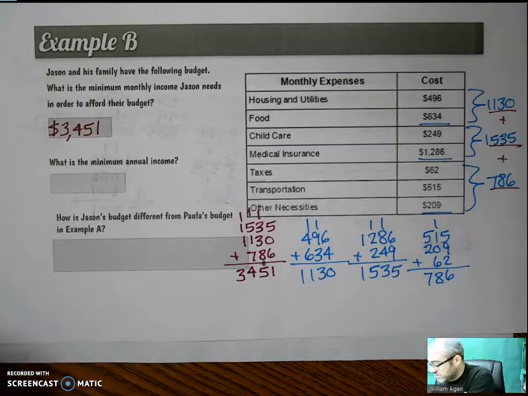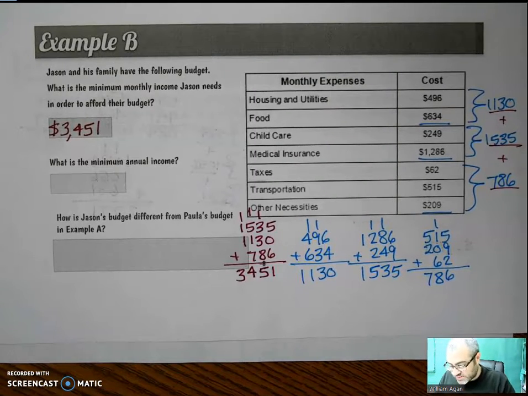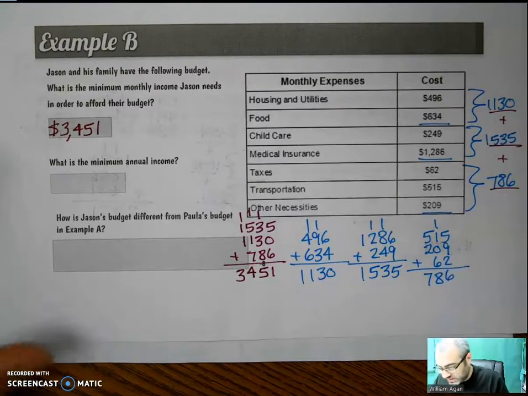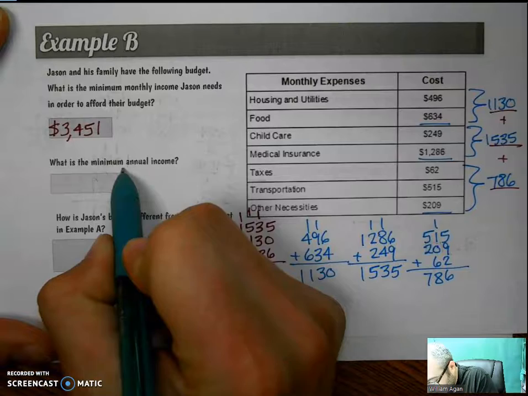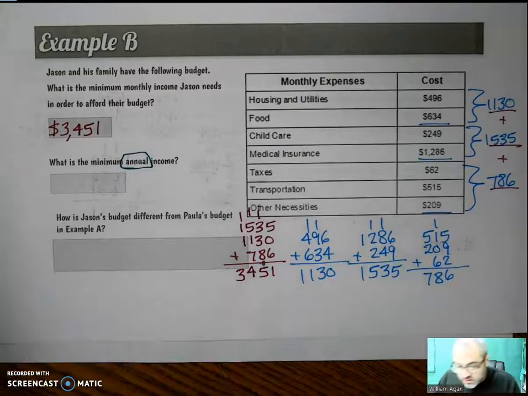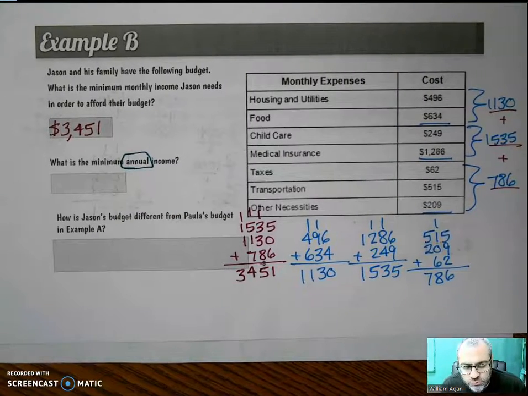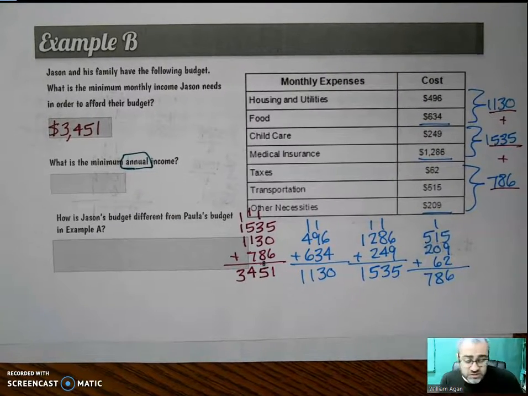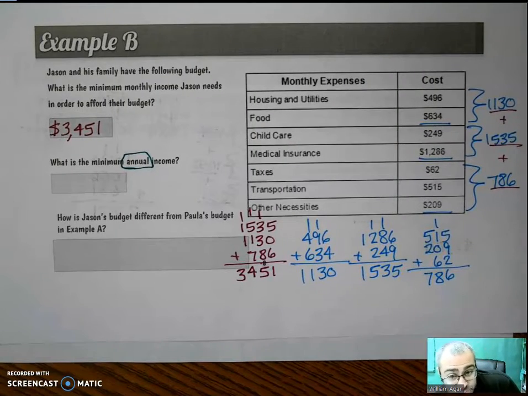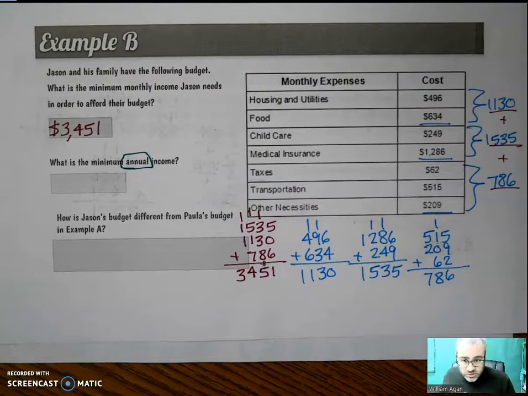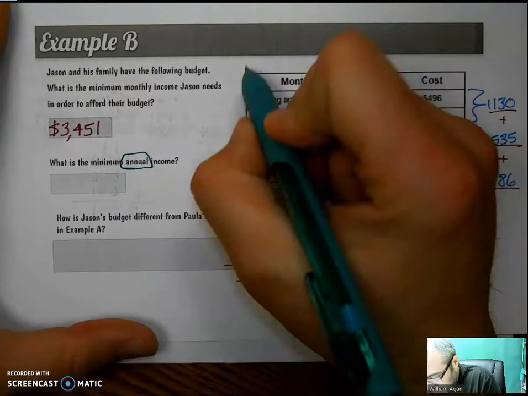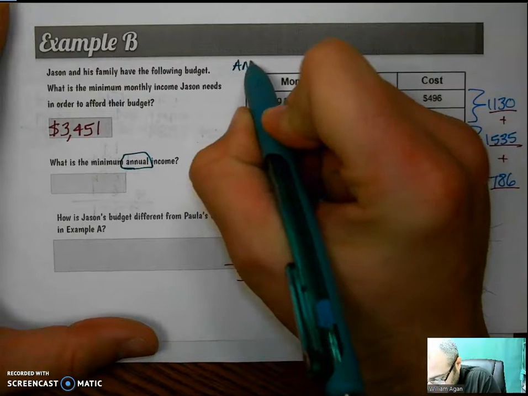Okay, the next question says, what is the minimum annual income? Okay, annual. In class, I asked students, what does annual mean? And there were a lot of students that didn't know what it means. So if you don't know what it means, then okay, let's figure it out. Annual.